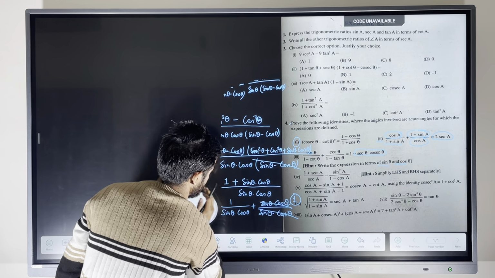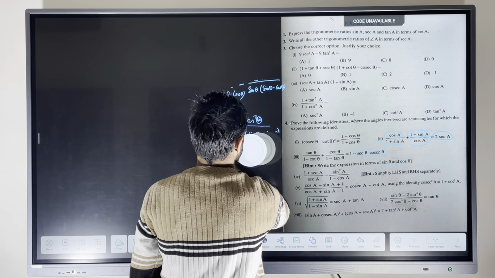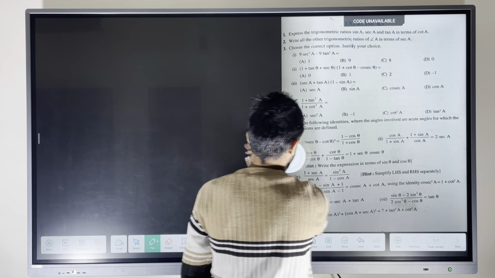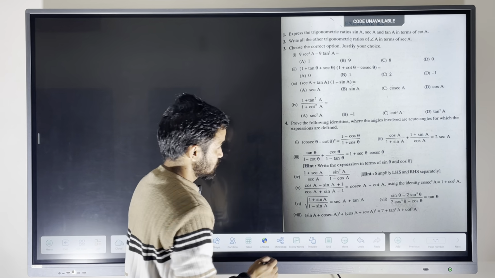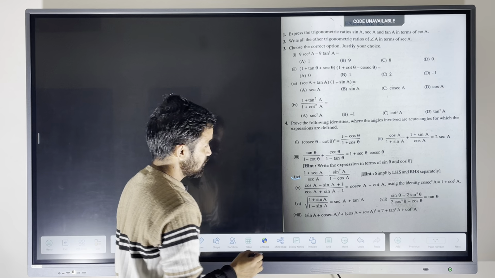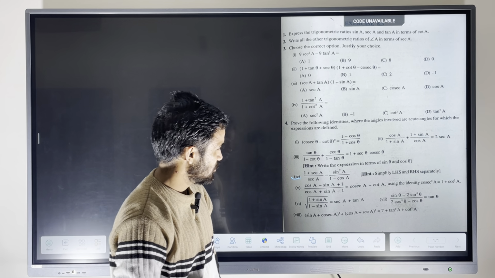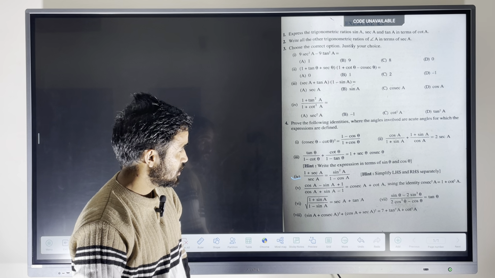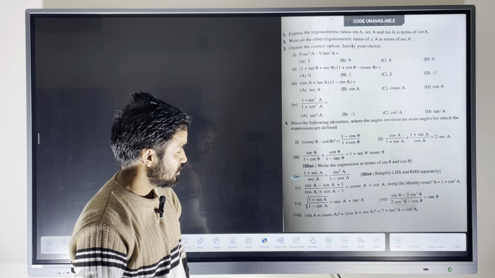we will solve now the fourth part. Okay, we have (1 plus sec a) upon sec a is equal to sin square a upon 1 minus cos a. So we have to change sec into sin or cos.